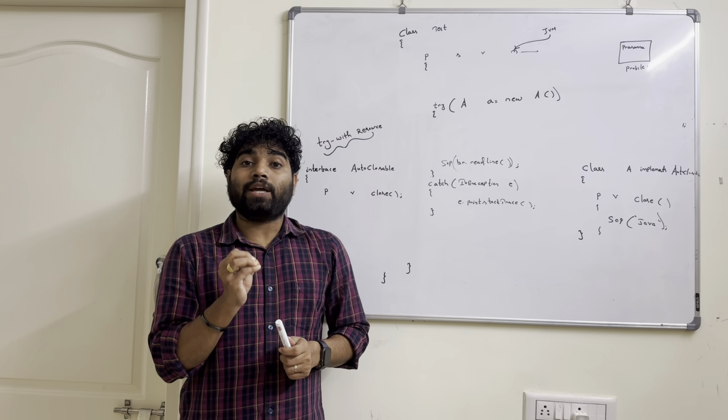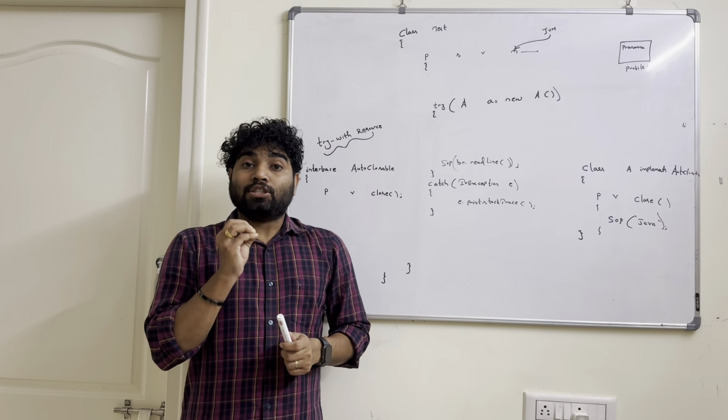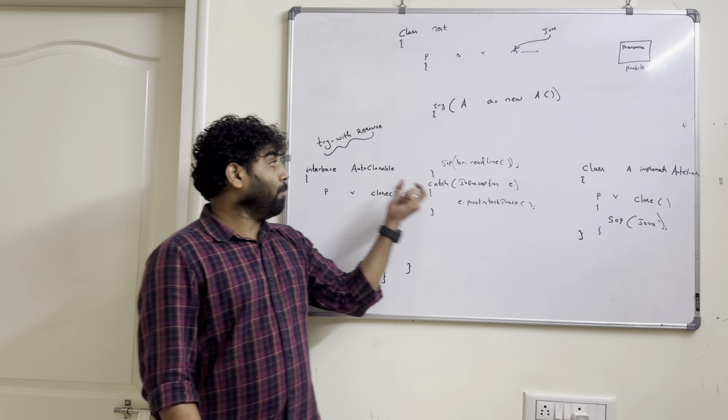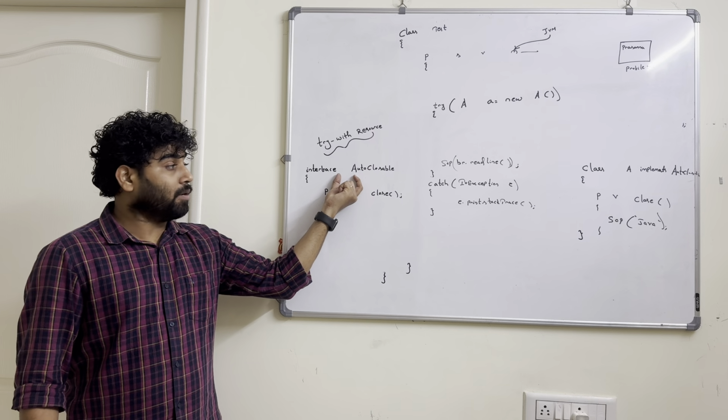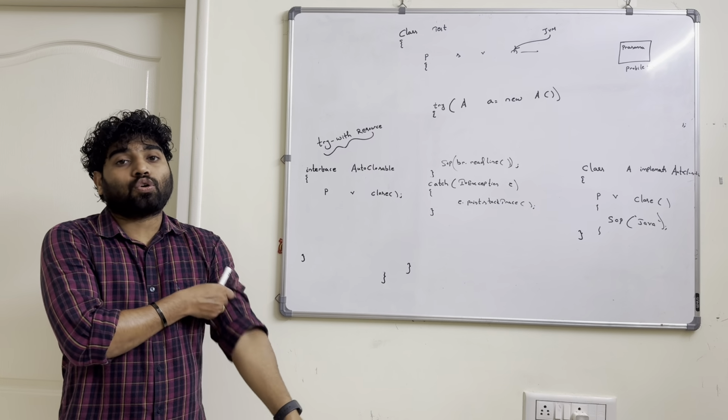That is why all these resource objects, like FileReader, BufferedReader, Connection, Statement, PreparedStatement, ResultSet, implement the AutoCloseable interface and override the close method.